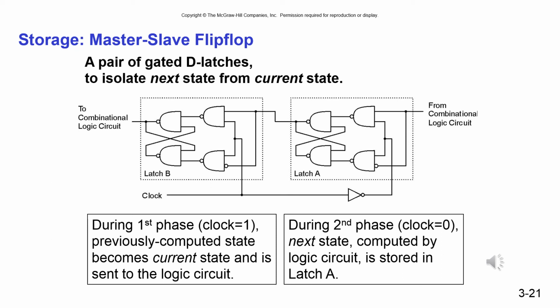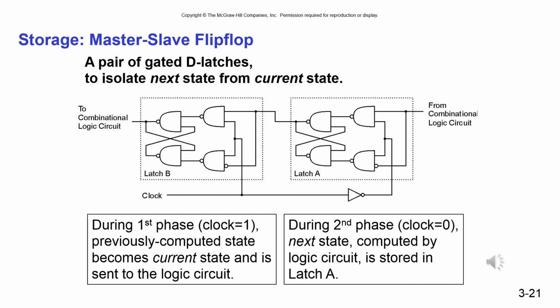It will be written through latch B, and it becomes the current state sent to the logic circuit on the left, because that 1 enables latch B to pass it through. At the same time, the 1 becomes a 0 and nothing happens in latch A. Now during the second phase, when the clock goes to 0, it's a series of 1 0 1 0 1 0. Those are the pulses, if you will.